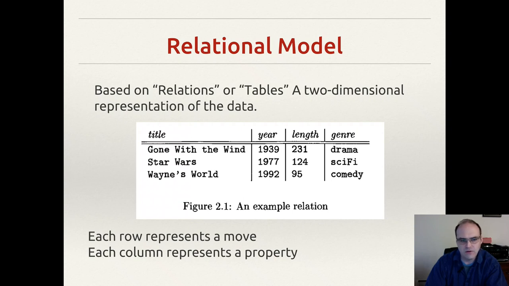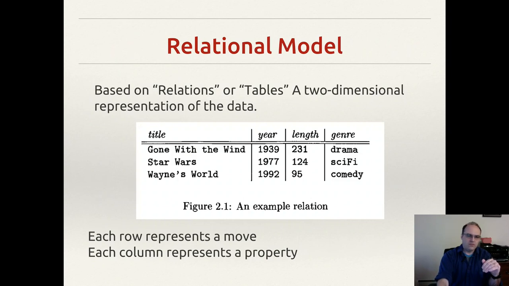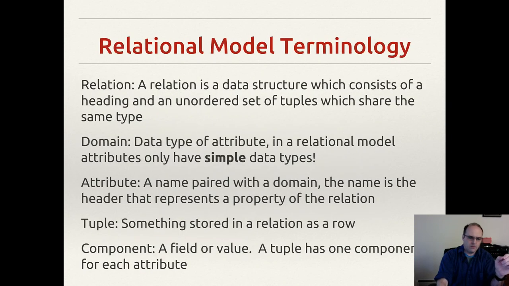So an attribute of the relation is this particular column. And where we're obviously going to store our data, which I'm going to jump down, is called a component. So each one of those items, Gone with the Wind, Star Wars, and Wayne's World, ignoring the year, length, genre, all that, just in the title attribute, those particular data points are components.